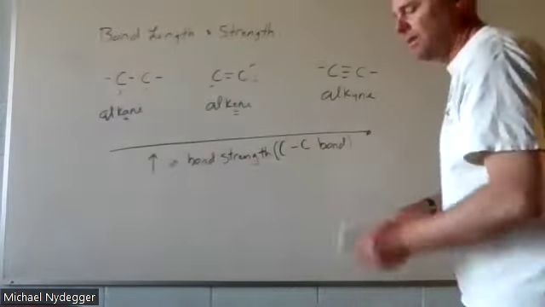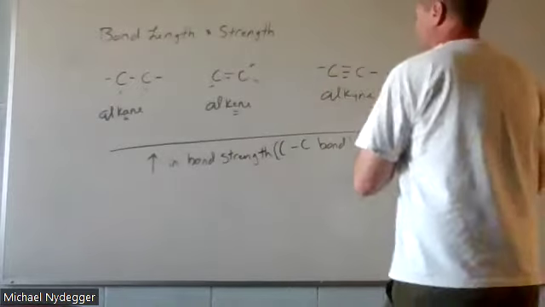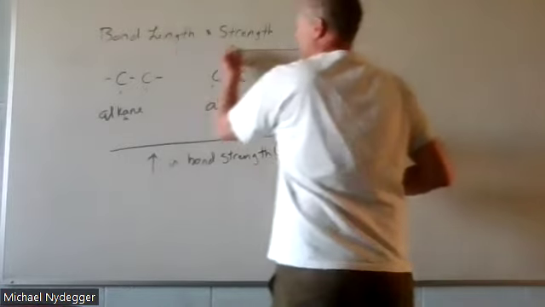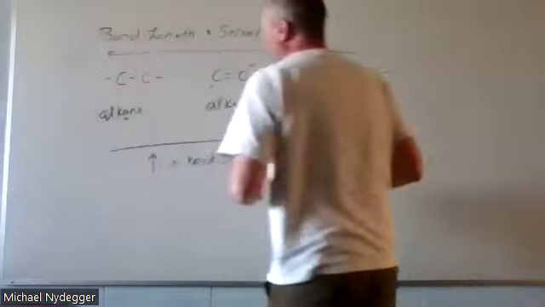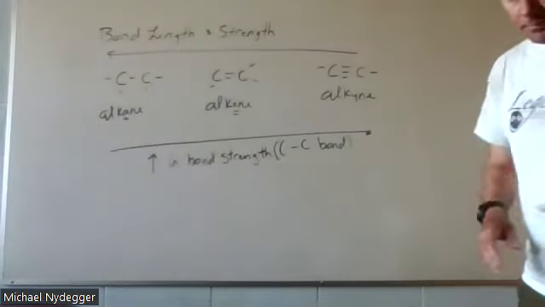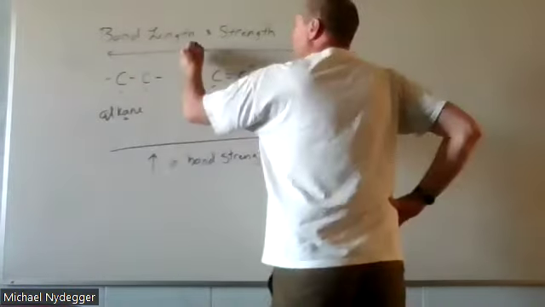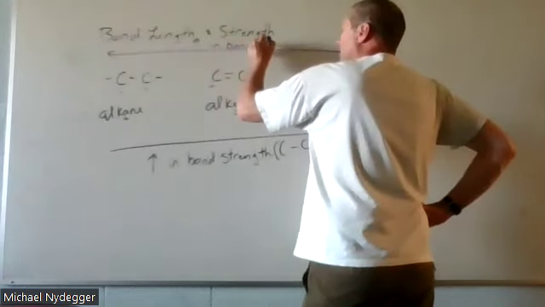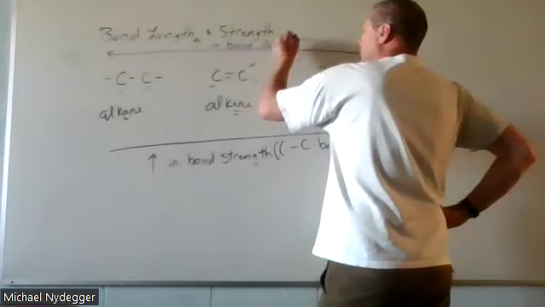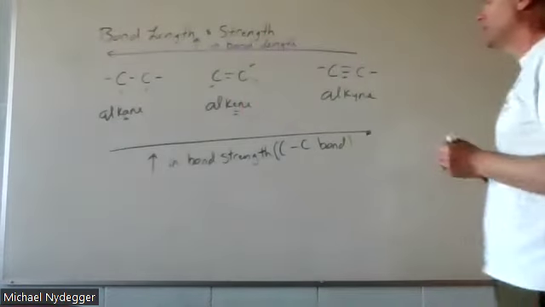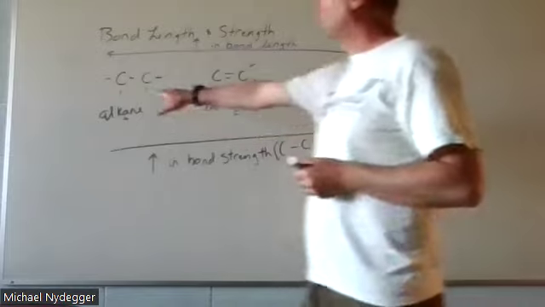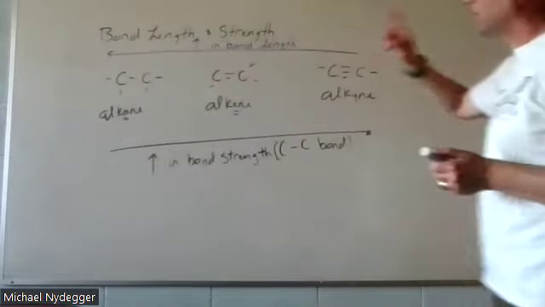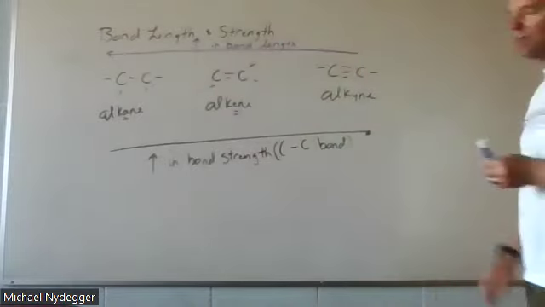Now, if we go in the opposite direction, there's an increase in bond length, such that the single bond is going to be longer than the double bond, which is going to be longer than the triple bond.